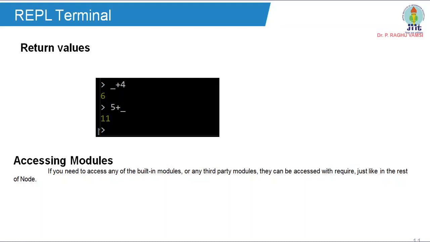It is just like how #include with a header file works in C programming. Whenever you place the header file in double quotes, what will happen? First, the header file will be checked in the local folder. If it does not find it in the local folder, then it will search in the global folder. In the same way, whenever you need to access any of the built-in modules or any third-party module, they can be accessed with require.